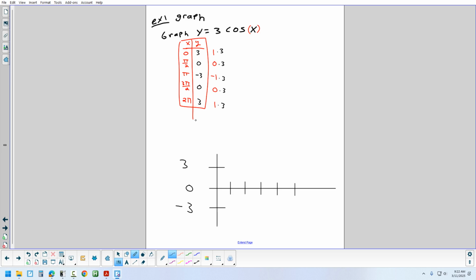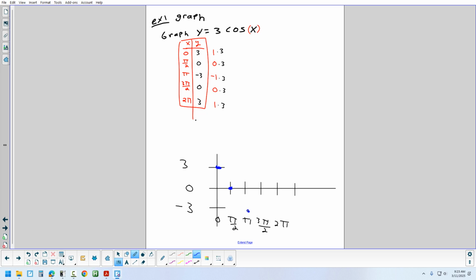So I've got 0, pi over 2, pi, 3 pi over 2, 2 pi. You do want to put those labels on. If you don't put them, then it's assumed it's 1, 2, 3, 4, 5. And that's not what we're doing. Okay, so we got 0, 3. And we got pi over 2, 0.